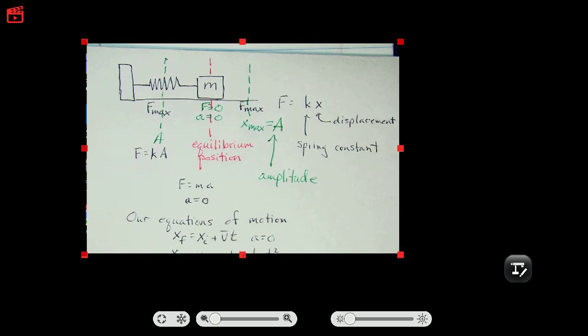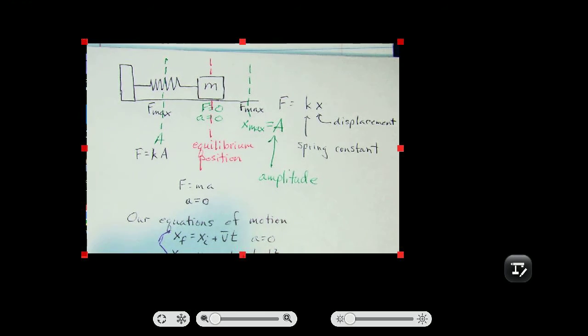However, all of these equations of motion assumed one thing. They all assume, not a is 0, a is a constant.